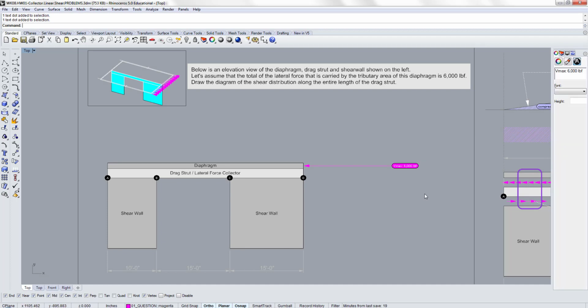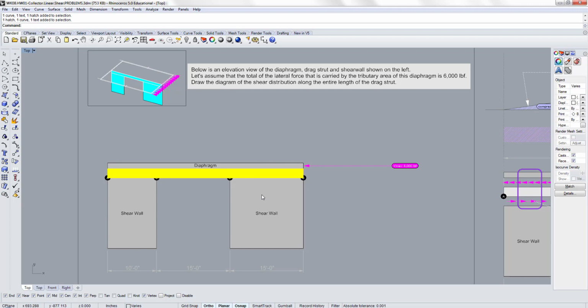We got this fact that there's a 6,000 pound lateral force working towards the left onto this diaphragm, which is going to be carried by this drag strut and then ultimately be carried out by a shear wall, and the shear wall gets pushed and it tries to resist that by tension and compression, right? So the lateral force is going to try to overturn this shear wall, and the shear wall is going to try to resist that by doing the opposite.